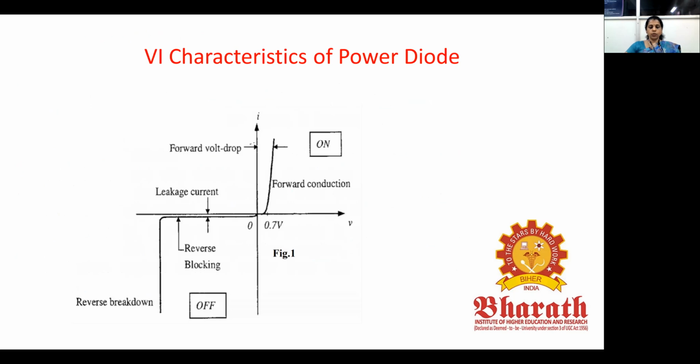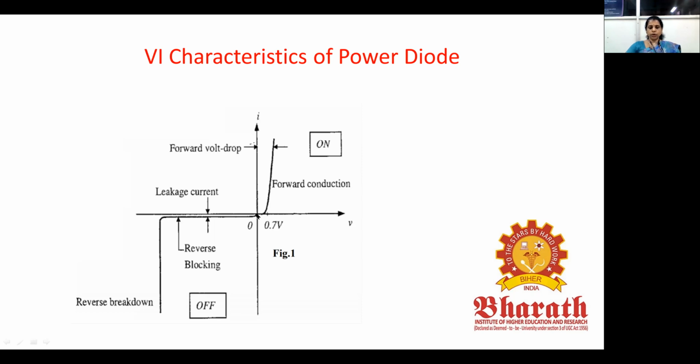So let us see the VI characteristics of a power diode. For obtaining the VI characteristics, we have a diode operated in the forward biased condition, and slowly we increase the voltage from 0 and check the value of current.